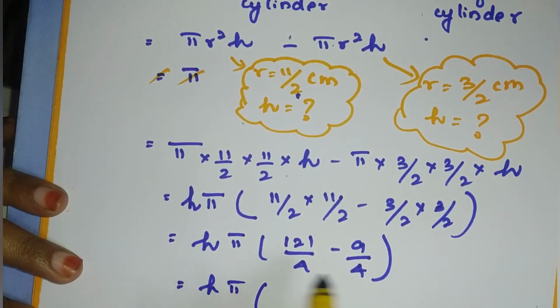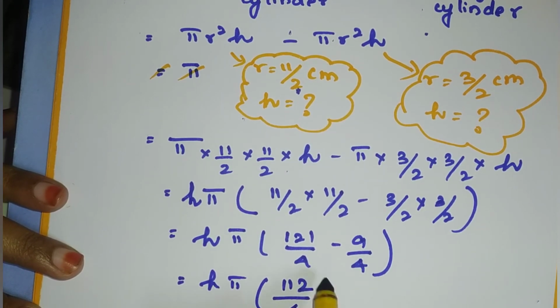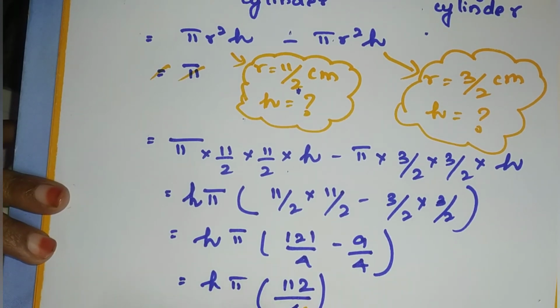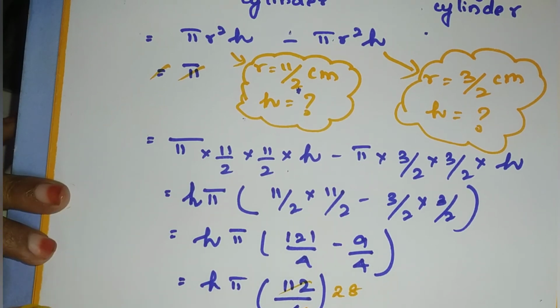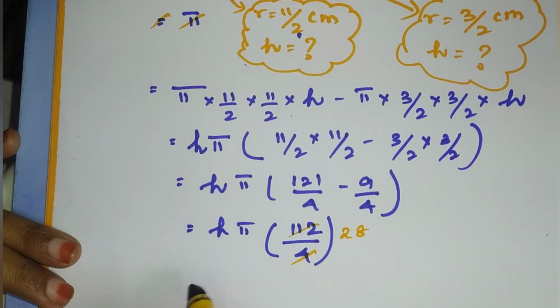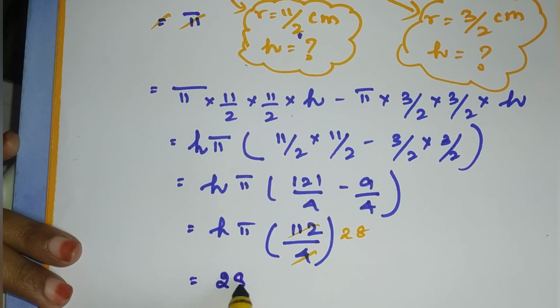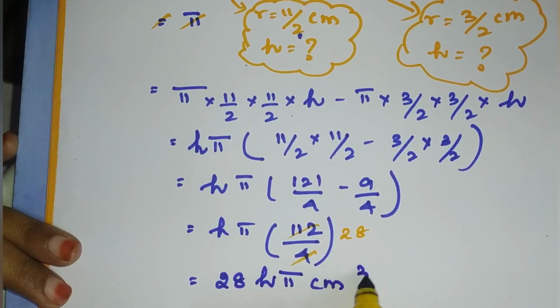So if you subtract, you will get 112 divided by 4. If you cancel, you will get 28. Okay, that you can write here, 28 h pi centimeter cube.